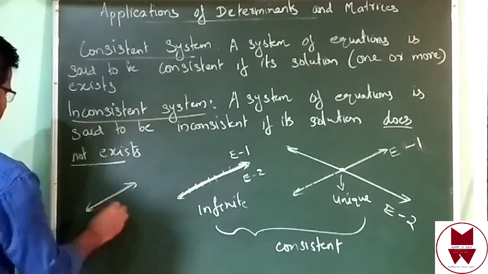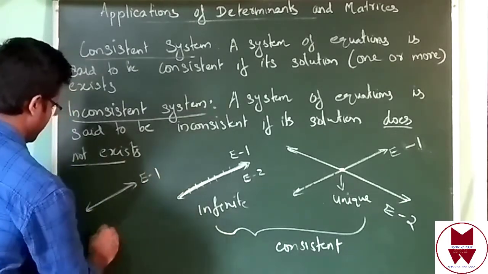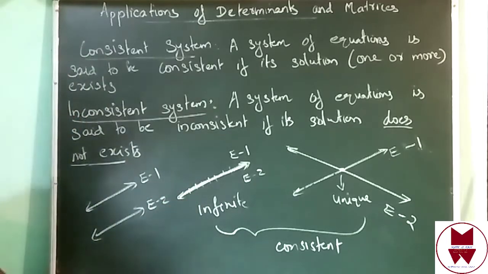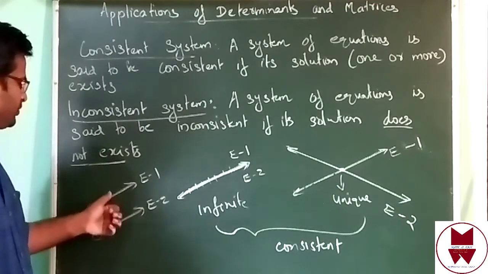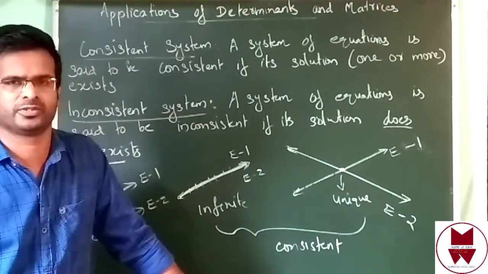Then another one is inconsistent. If you draw the first graph, equation 1, then another one, equation 2, in these two lines can you see any intersecting points? You will not get any intersecting points because these two lines are parallel. No intersecting point means no solution, isn't it?